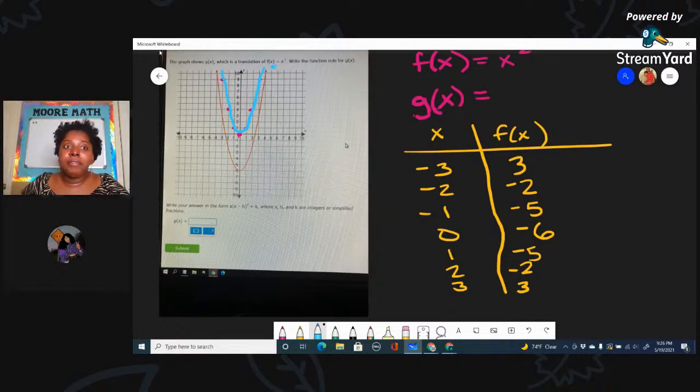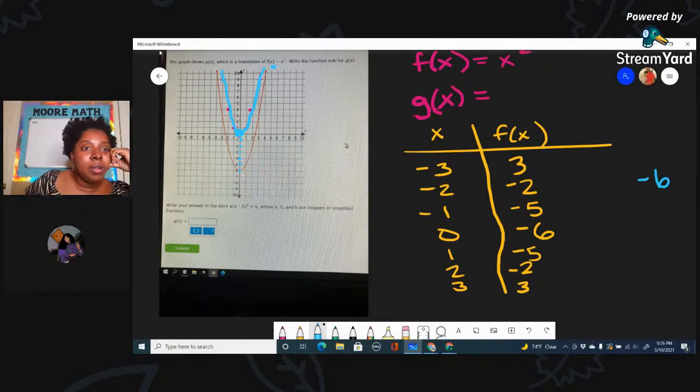To go from f of x to g of x, did we move right or left, up or down? Up and down. Good. How many? So let's start at the 0 and let's go down. 1, 2, 3, 4, 5, 6. So we moved down how much? 6. Okay, so we moved down 6 spaces.